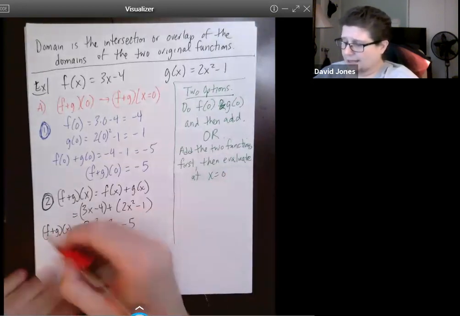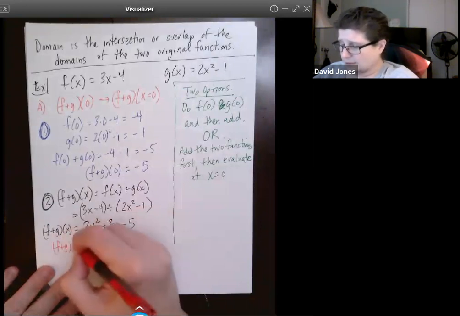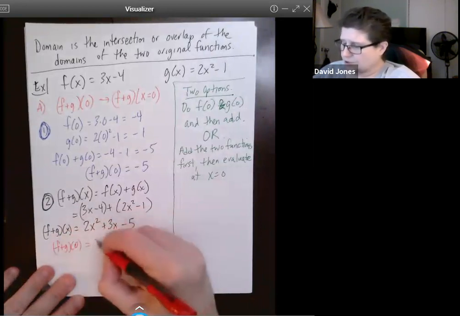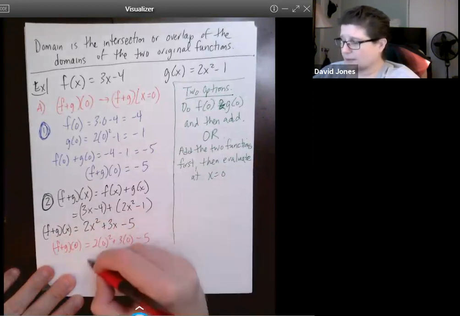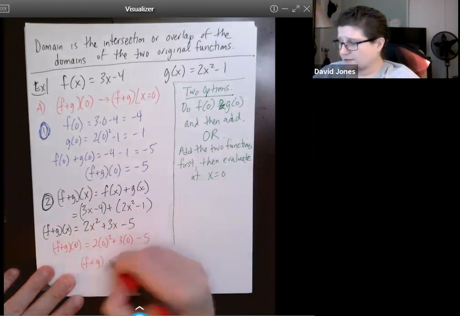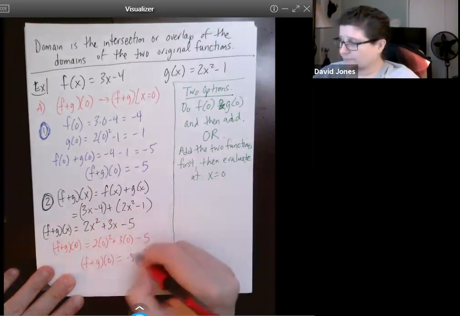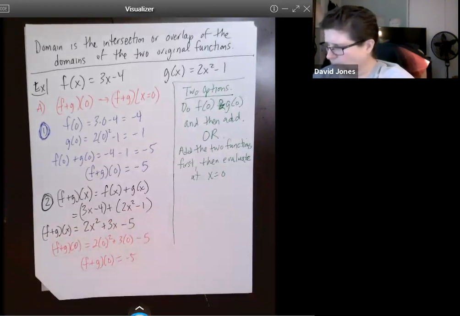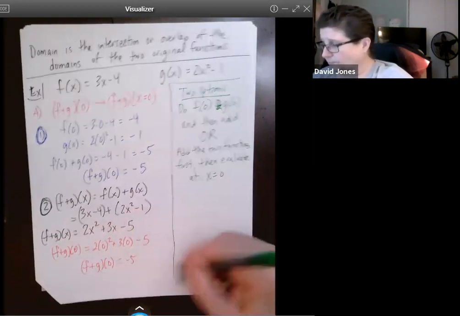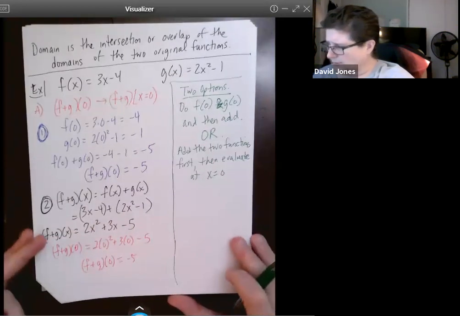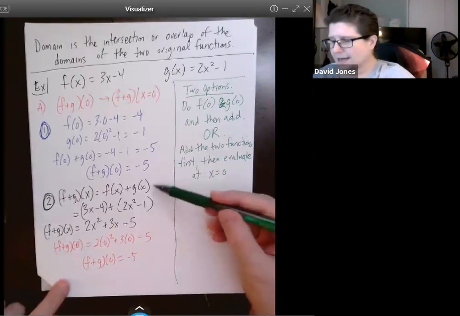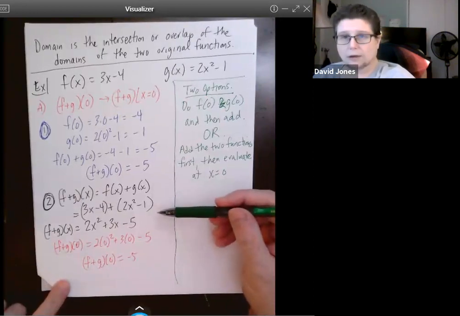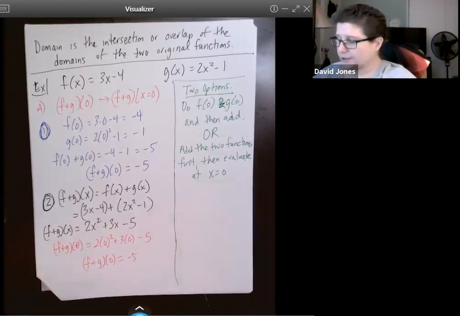Finally, I evaluate that at 0. 2 times 0 squared plus 3 times 0 minus 5. F plus g of 0 equals negative 5. Now, you might say, and I would agree with you, adding them together first just makes more work. Okay? There is a benefit to it, though.